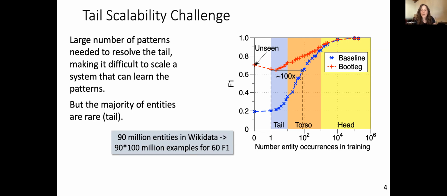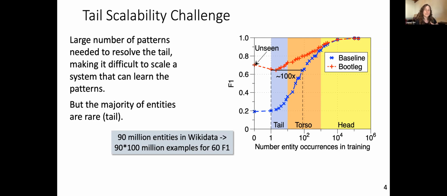And what you can see here quite clearly is that once you start seeing an entity about 100 times in training is when the baseline language model is able to do pretty well and get above around 60% F1. It's really over these rare things that it starts to struggle. Now, what this means is let's suppose you took one approach, which says, I want to use this baseline model and I want it to do at least 60% over all entities.